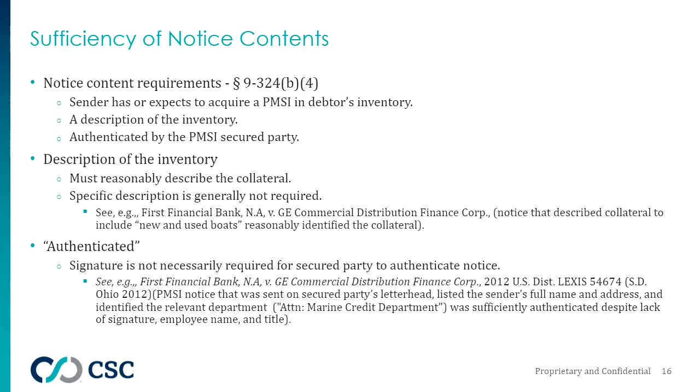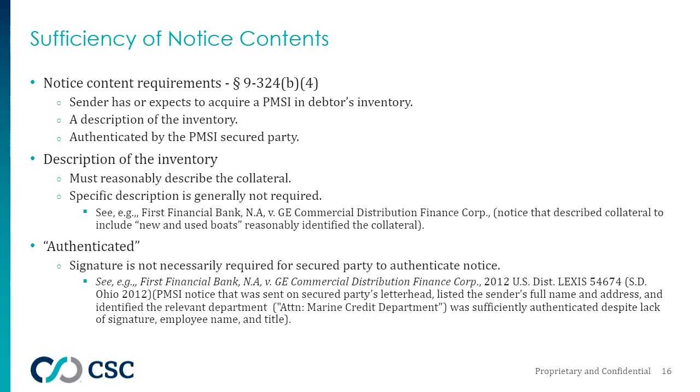It has to describe the inventory, and it has to be authenticated by the purchase money secured party. Now, I believe authenticated was the term that was used under revised Article 9 since 2001 until the 2022 amendments. And I think that's now been changed to signed. But signed is a broad term and is equivalent of authenticated.